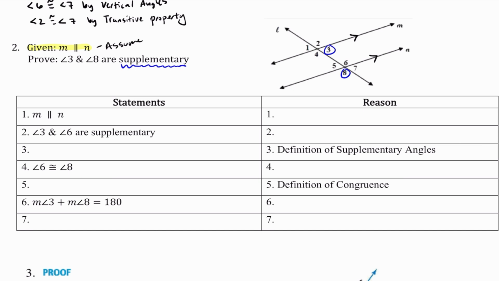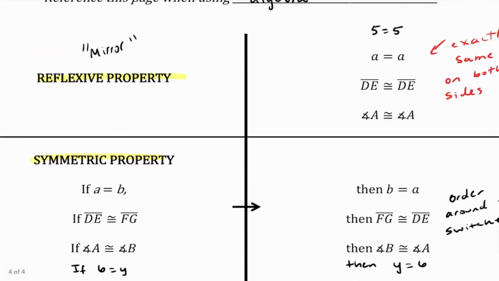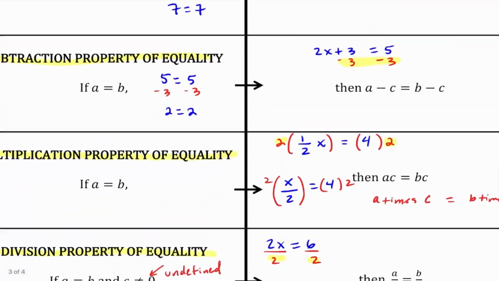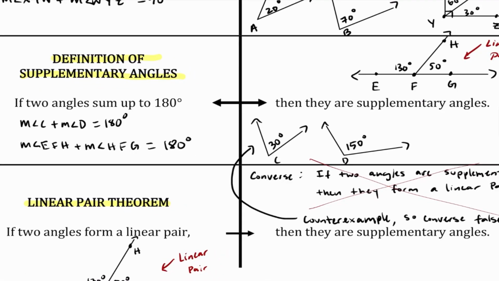So whenever I see the word supplementary, I think of 3 properties, and I'm going to need my pink sheets for this. One of the properties is the definition of supplementary angles. If two angles sum up to 180 degrees, then they are supplementary angles.